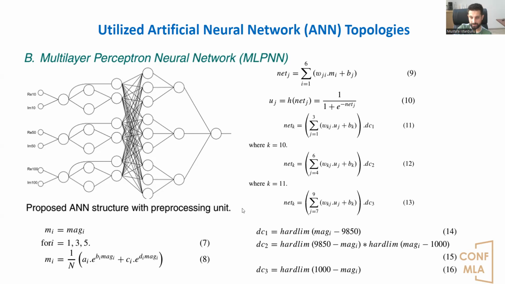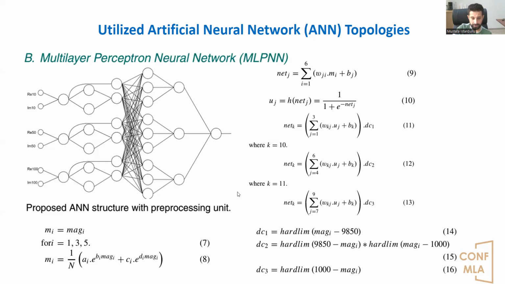The summation is divided by a normalization parameter, let's say N. The operations of the first and second layers are given in equations 5 and 4, respectively, in the previous section, I think. After these operations, inputs of the MLPNN parts are generated by merging the first layer and the second layer outputs as shown in equations 7 and 8.